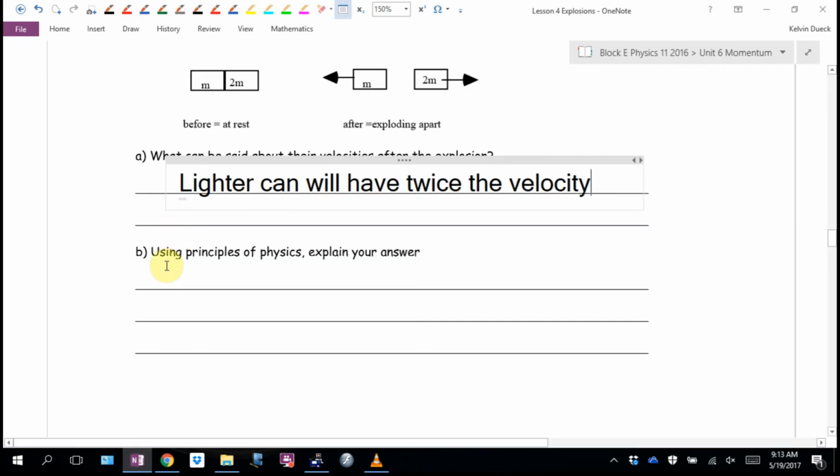Using principles of physics, well, the initial momentum is zero, so they both get the same impulse. Heavier mass means less velocity. Lighter mass means more velocity, and I can even be more specific. Twice the mass means half the velocity. Half the mass means twice the velocity. If you're twice as heavy, you're going to move half as fast.